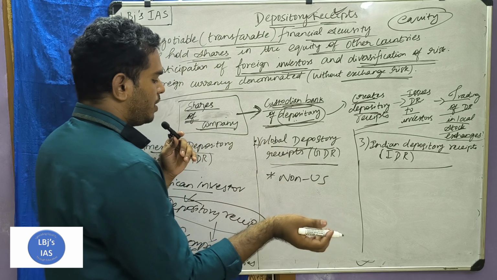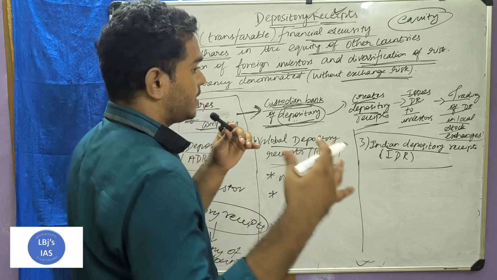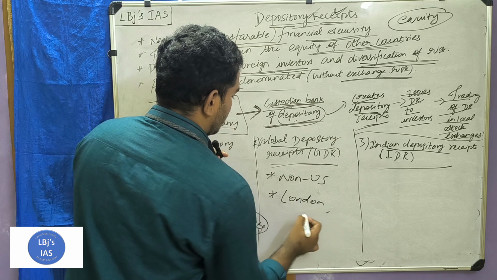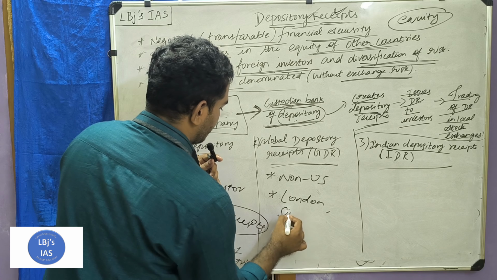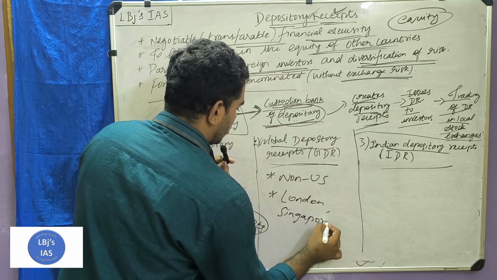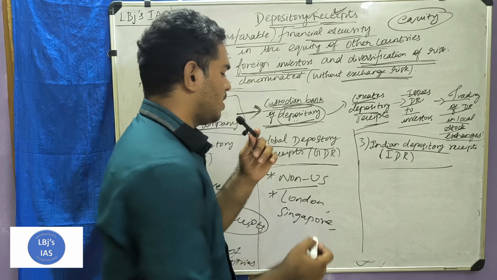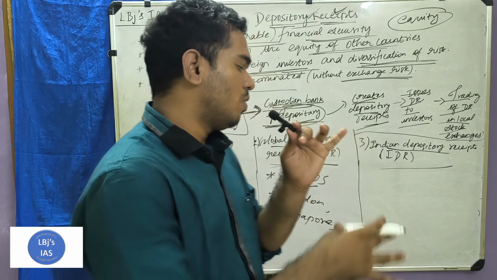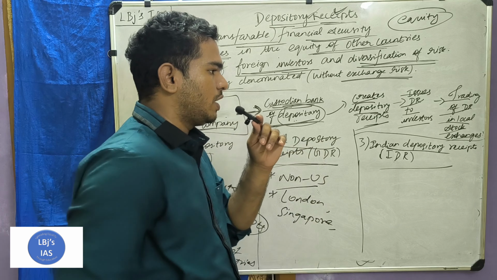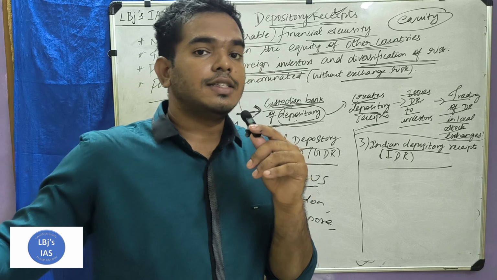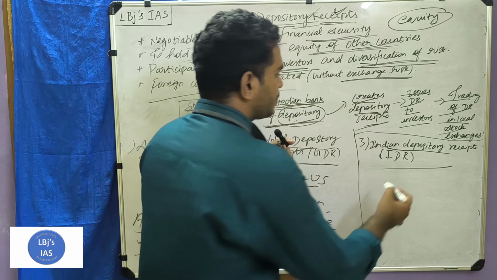It is traded in stock exchanges such as London, then Singapore, then other stock exchanges. Basically it is a non-US one, which means such depository receipts are traded in stock exchanges of countries other than the US.